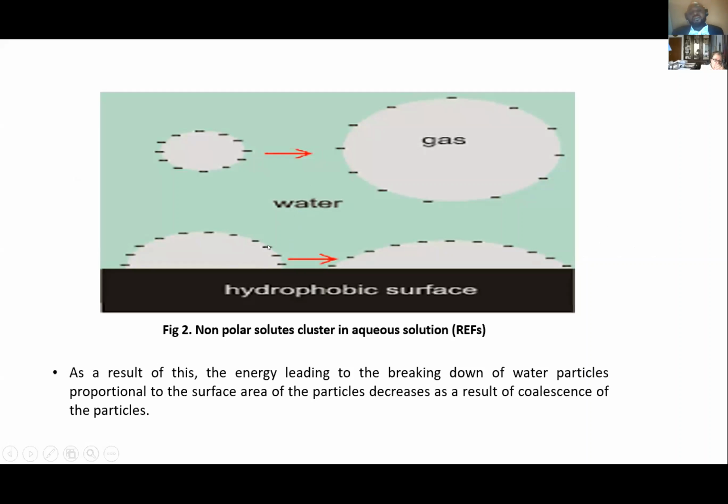In this case, it is always attached to a surface that has the propensity for the adsorption of the non-polar solutes, and that is always achieved on a hydrophobic surface. As a result of this, the energy leading to the breaking down of water structure, proportional to the surface, decreases as the particles cluster.